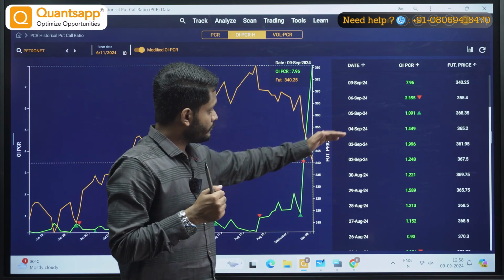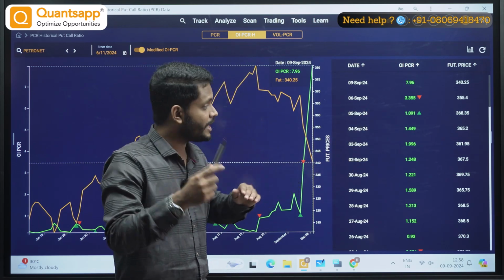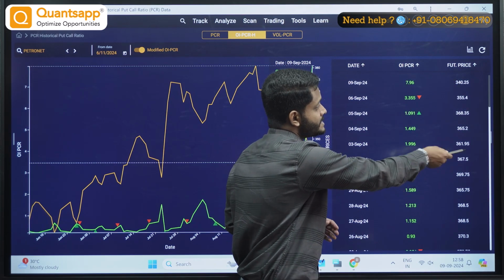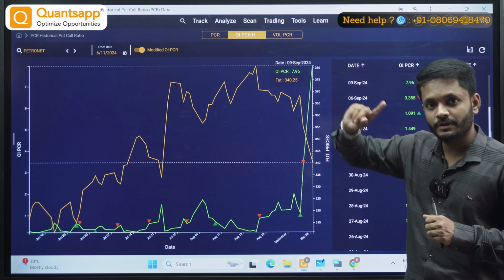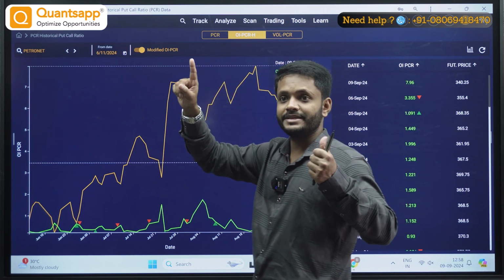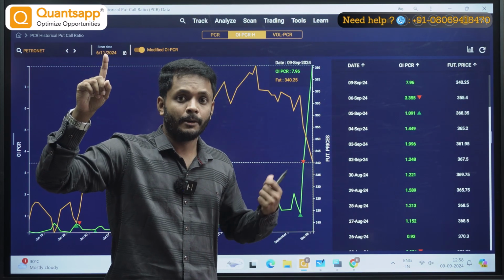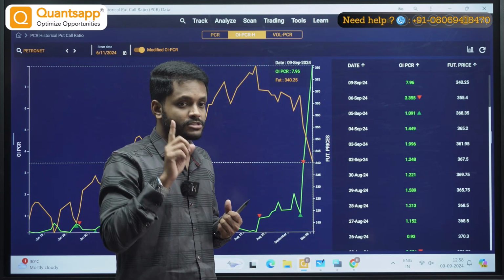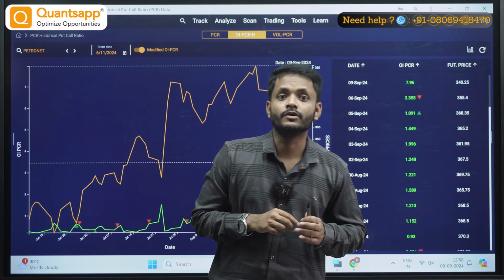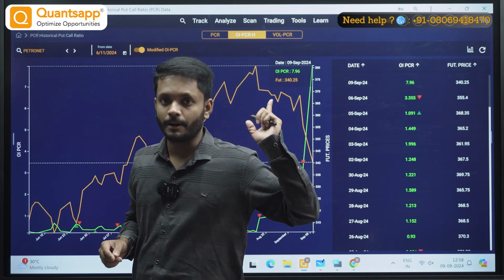Okay, so if you are receiving a 1 or 2 day prior signal, make sure you haven't left a significant move, because sometimes what happens is the trap indicator will give me a signal on 6th, and modified PCR might give me on 4th, but from 4th to 6th, in that 2 day span, there is a possibility you might end up missing a significant move. Now again, what is significant is up to you.